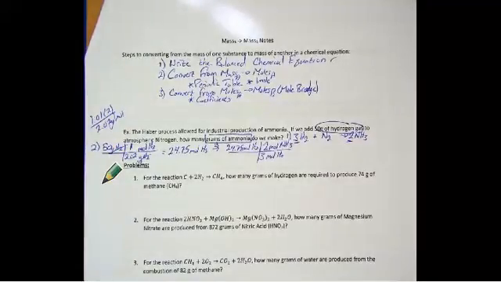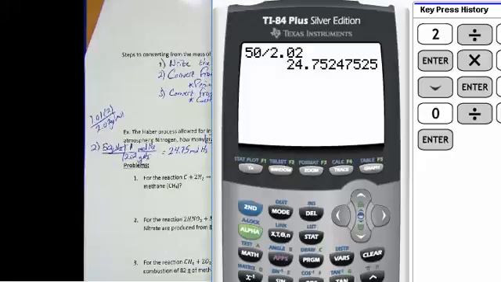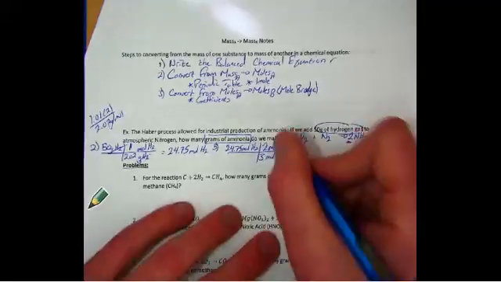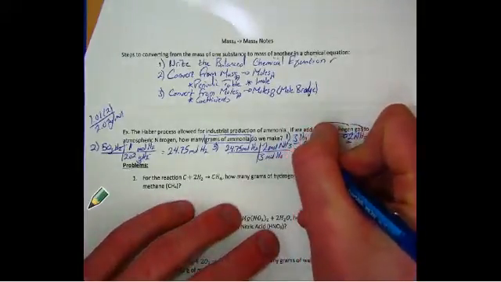Now, we're going to pull out our calculator, and we have our 24.75, multiply that by 2, divide that by 3, and then our answer is 16.5. So we'll write 16.5. My units cancel. We're left with moles of NH3.